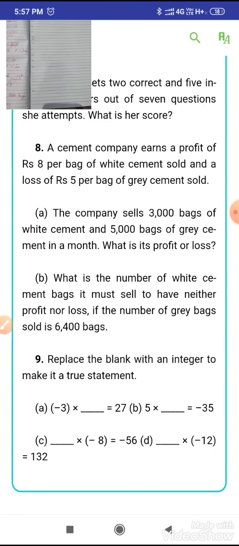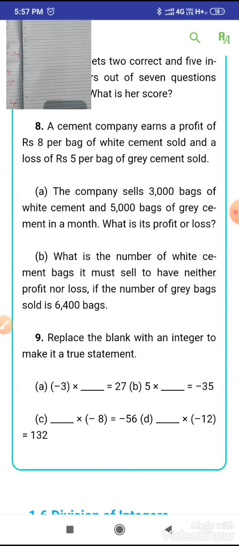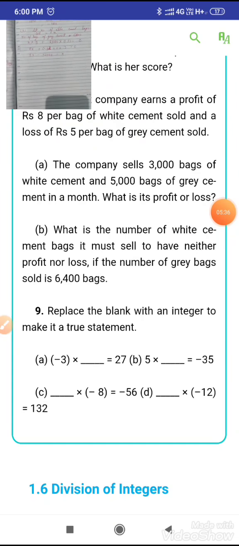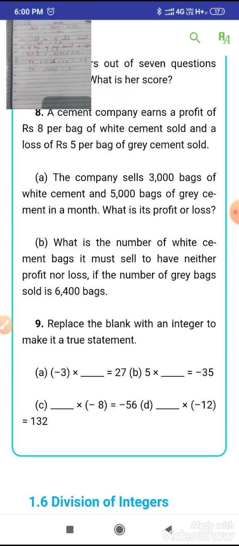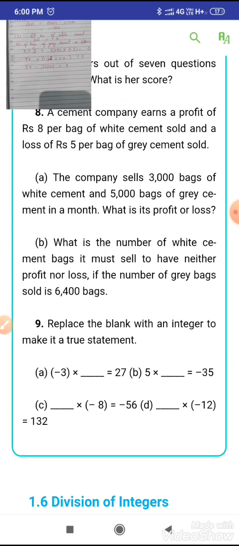Part B: what is the number of white cement bags it must sell to have neither profit nor loss if the number of grey cement bags sold is 6000? For solving part B of question 8 of exercise 1.3, we have to assume that the number of white cement bags sold is equal to x.